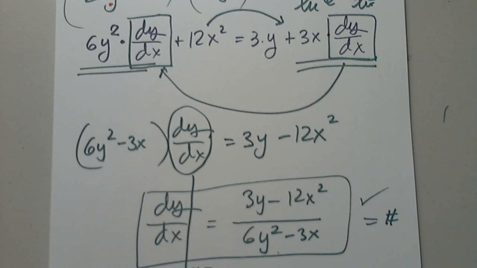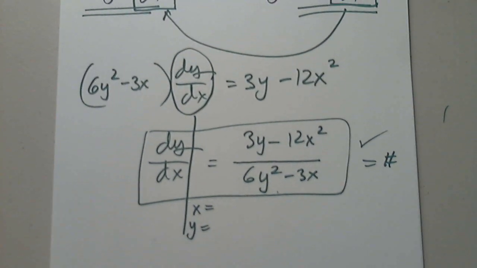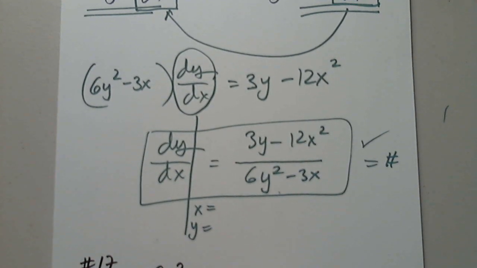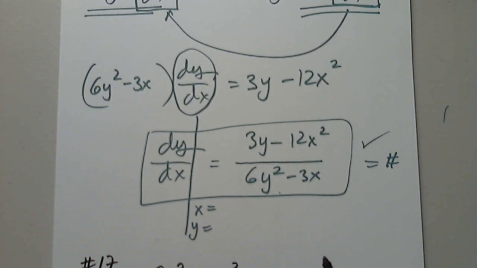If not, I will. Okay, I will choose 17. In 17, we are given 2x cubed plus 4y squared equals negative 12, and the point is (-2, -1).